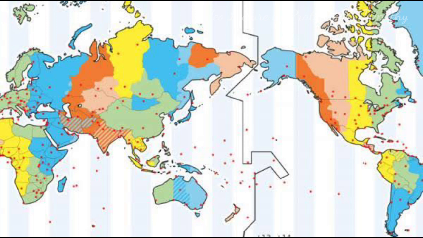On either side of this line, a difference of one whole day is observed. This is because the earth completes one rotation on its axis in 24 hours as it moves from west to east. Therefore, for the convenience of those traveling around the world, the international date line has been established.